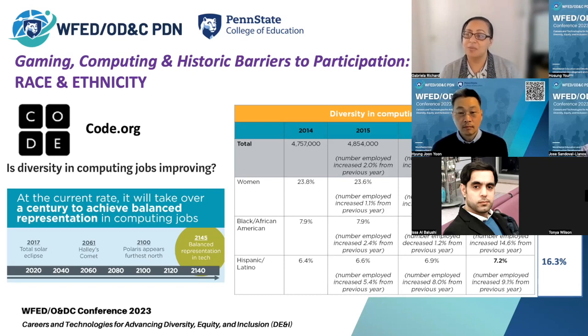If you're thinking about Silicon Valley as a whole, there might be better representation, but if you drill down to who's actually doing the very technical jobs in each of those companies, you tend to find less and less diversity.